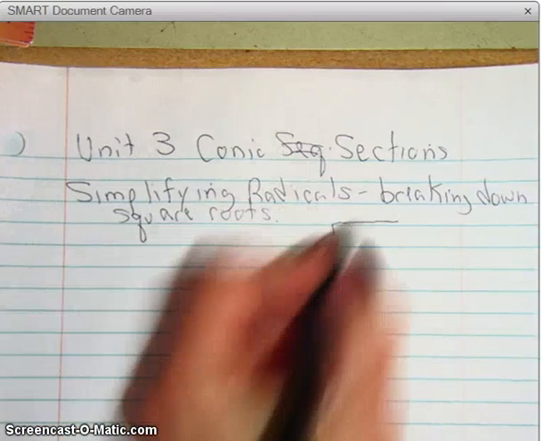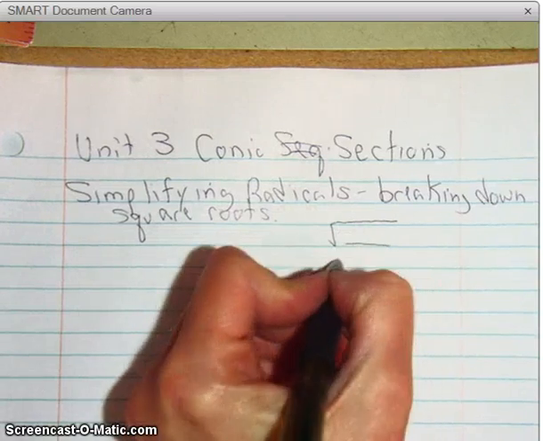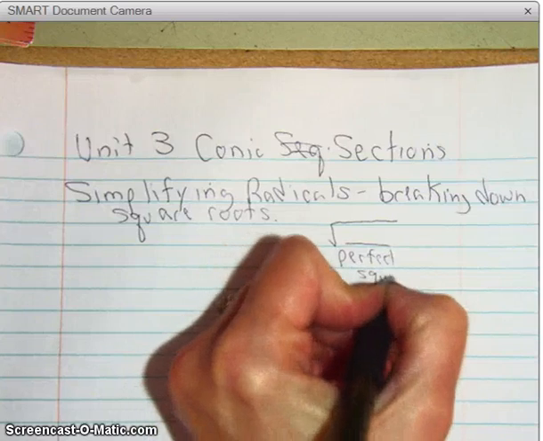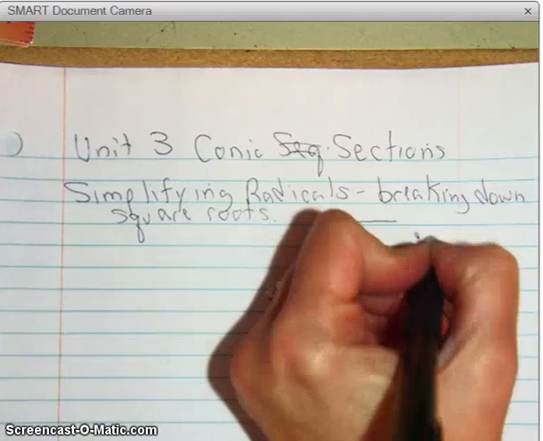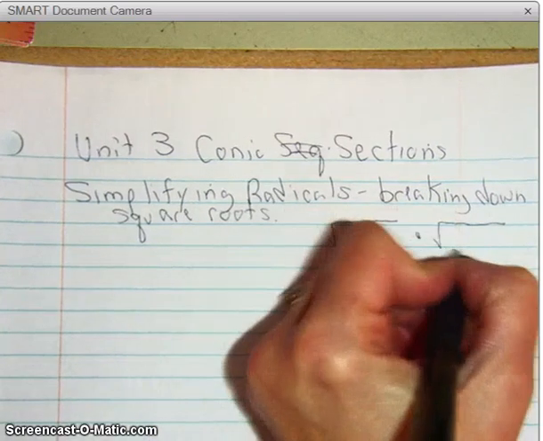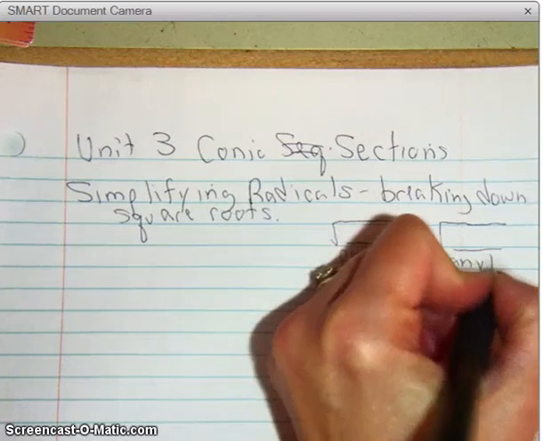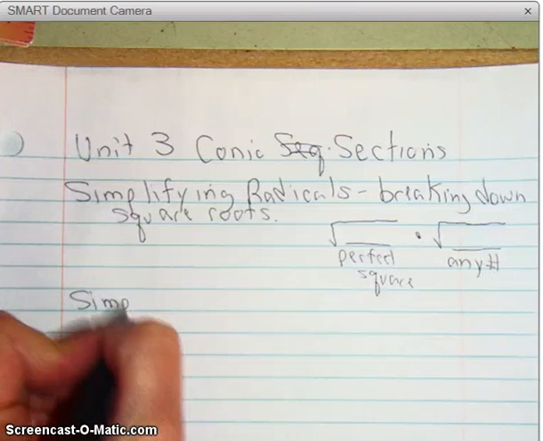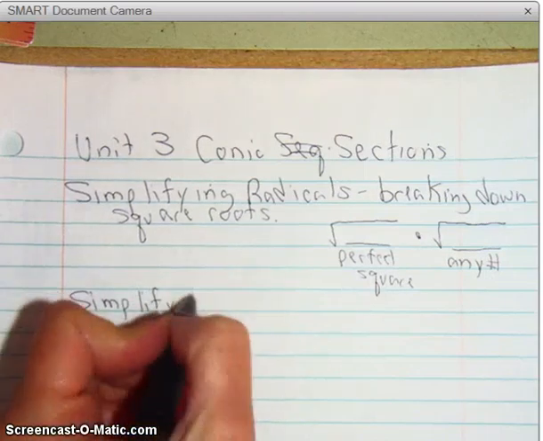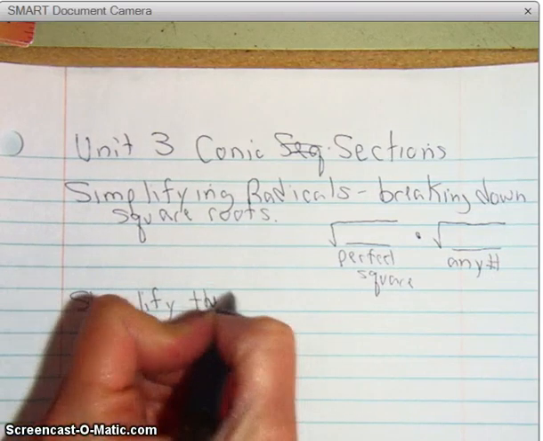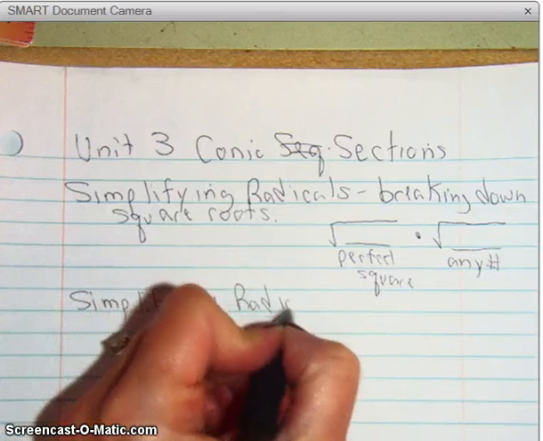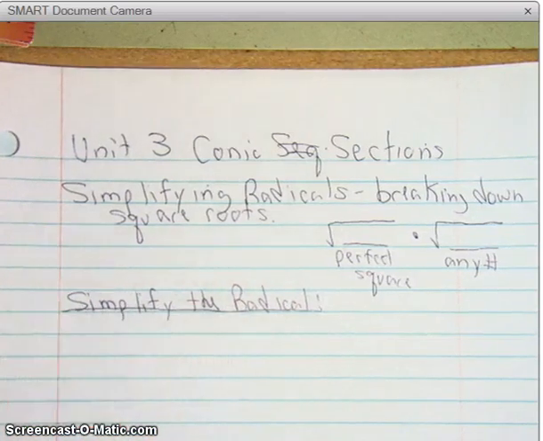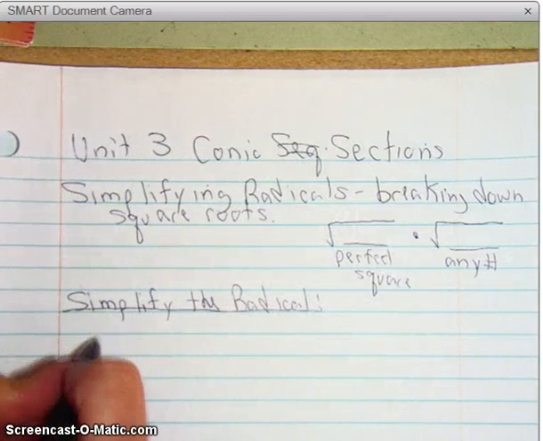The first number has to be a perfect square, times the second number, which can be any number. So simplify the radical, and we have to do this in order to get ready to do the distance formula.